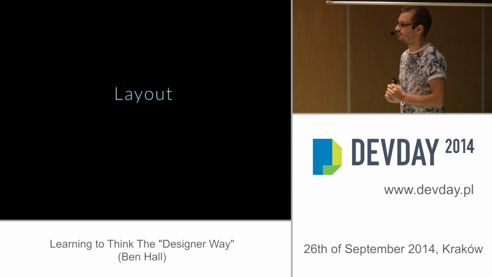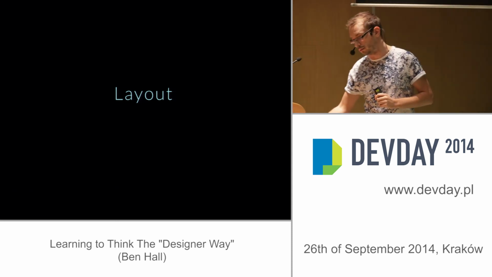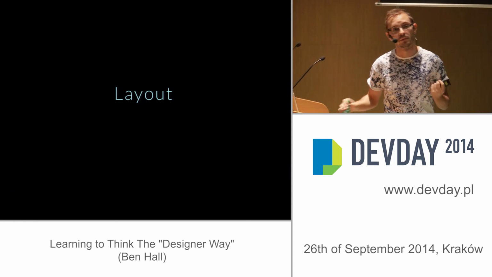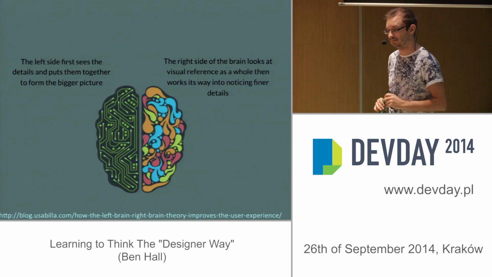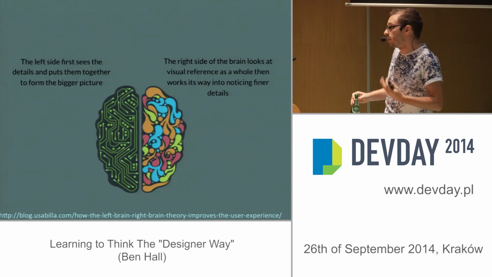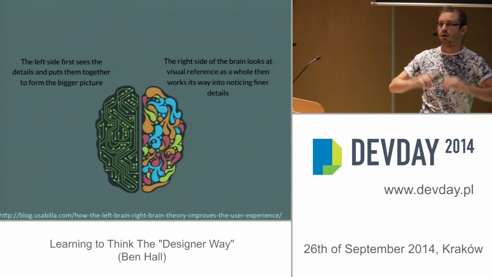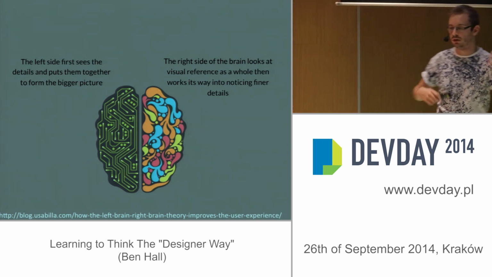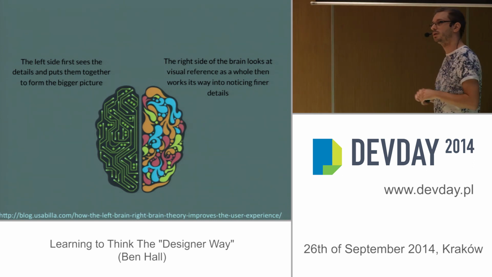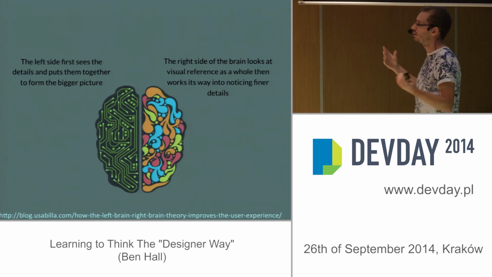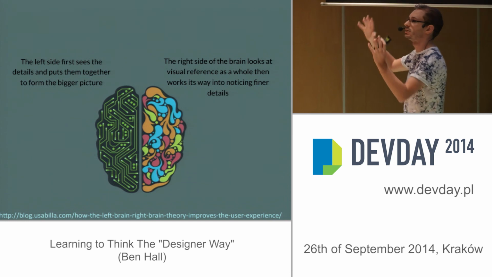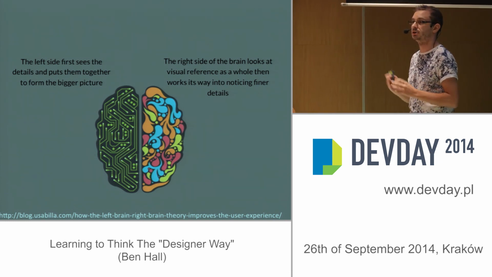So firstly, let's move on to what I think the fundamentals are. And the most important one for me is layout. There are two different ways that people instantly start processing an application or a website. You've got the left side thinkers and the right side thinkers. The right side is generally more the creatives, the artists, the people who are more colourful.